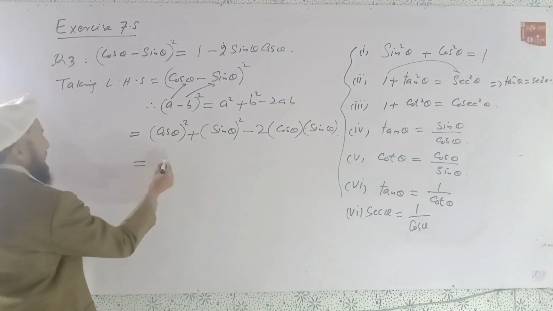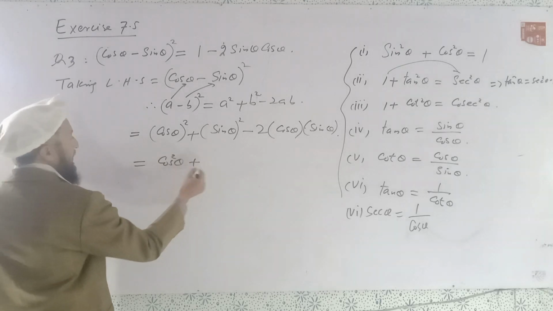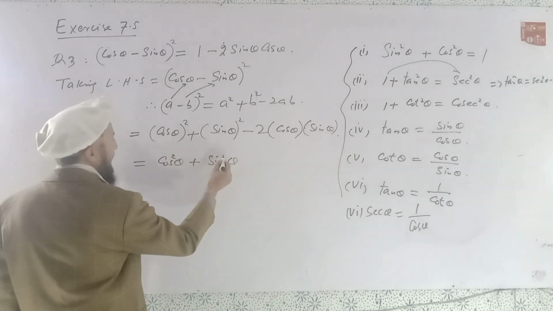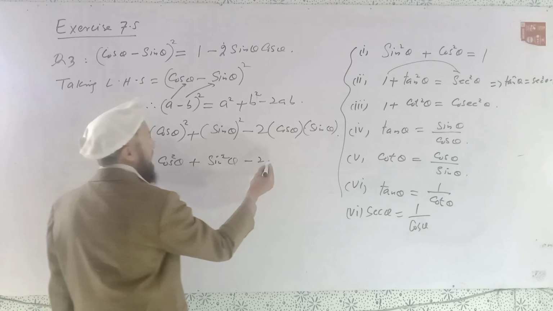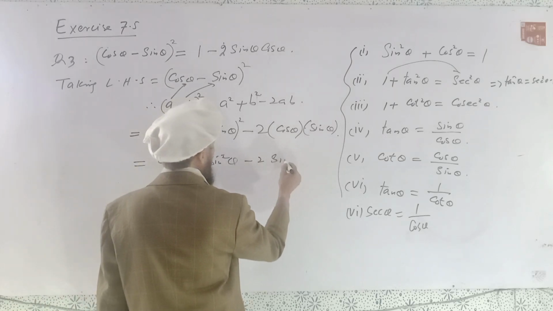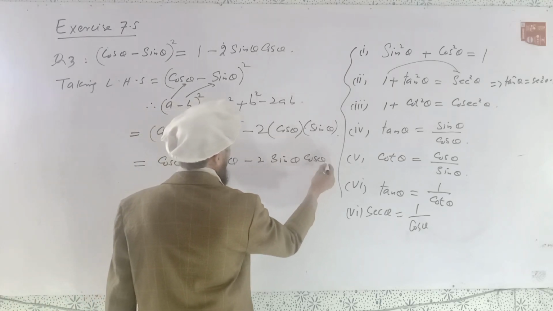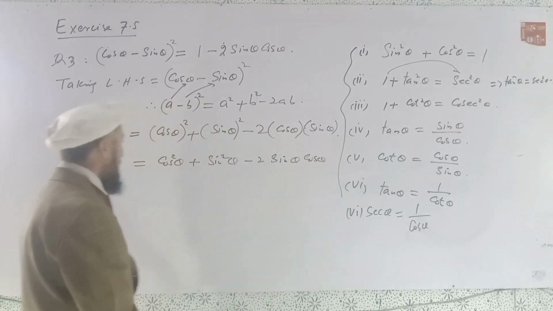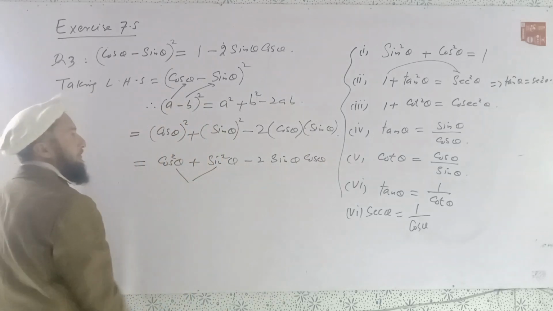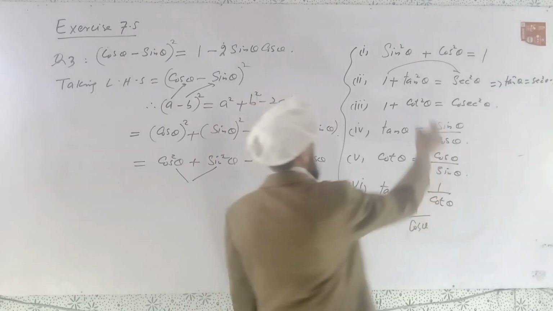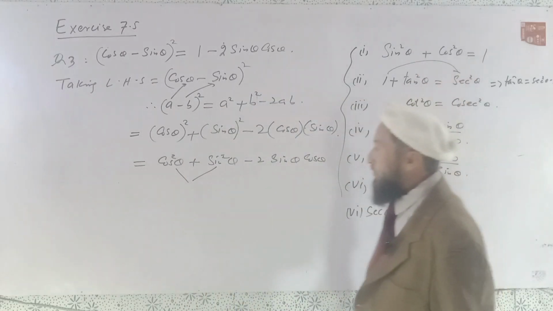Now look here, cos square theta minus sin square theta whole square we can write as cos to the power 4 theta plus sin to the power 4 theta minus 2 sin square theta cos square theta. We arrange this one because both are multiplied to each other. We know that sin square theta plus cos square theta is equal to 1.